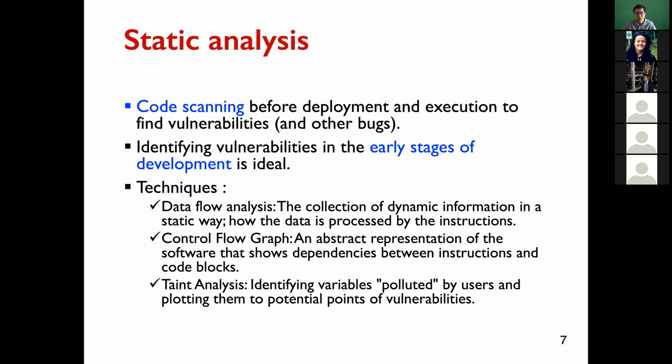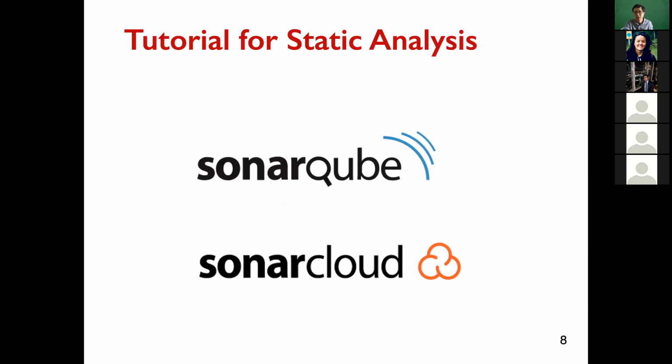There is a famous tool called SonarQube, which you can run in your local or company environment. If your code is in the cloud, for example in GitHub, you may use SonarCloud. Both are free for open source projects.